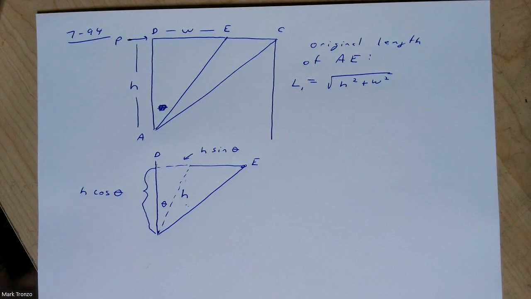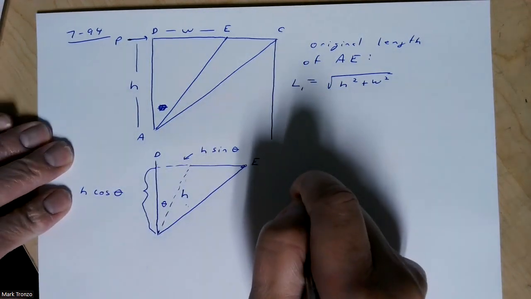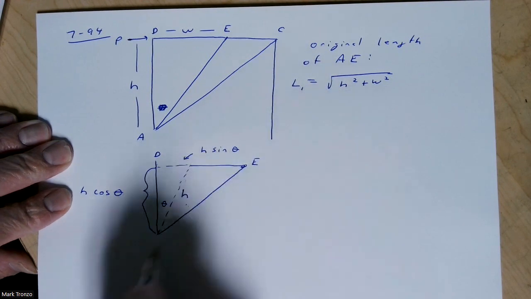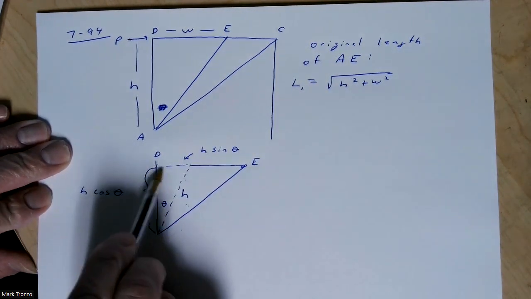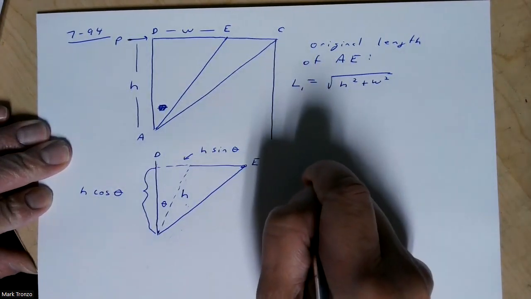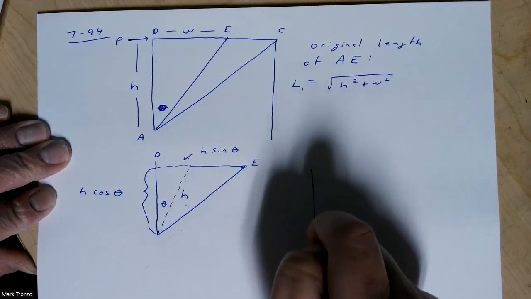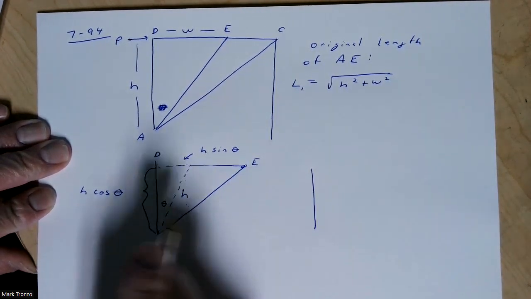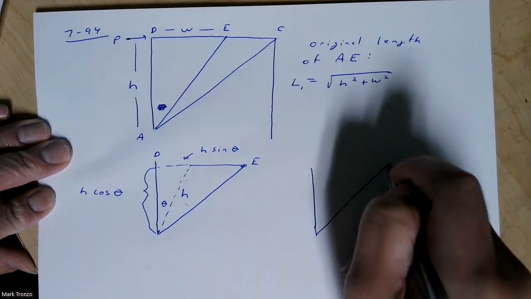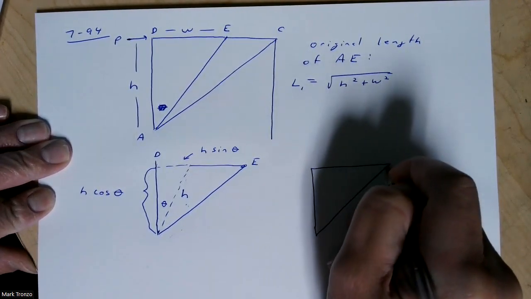Now, its dimensions are going to be changing slightly. So now let's look at E. What we're going to do is draw this whole triangle right here again, and we're not going to put this part in. We're just going to put this outside part in.